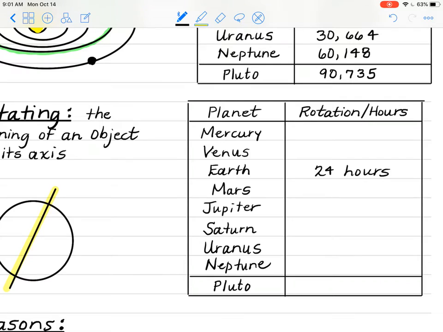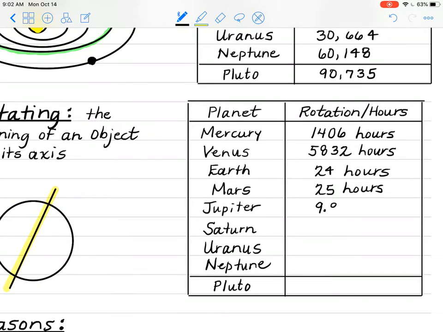Okay, Mercury. This is very interesting. Mercury takes 1,406 hours to make one turn. So Mercury is not spinning as fast. It takes longer. Venus, on the other hand, is 5,832 hours. Mars is very close to Earth. It's 25 hours.